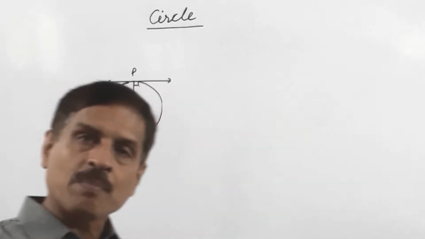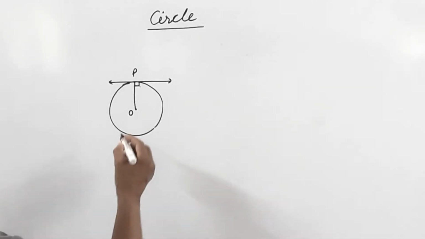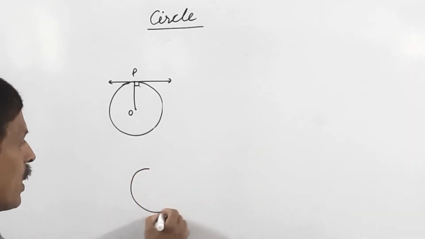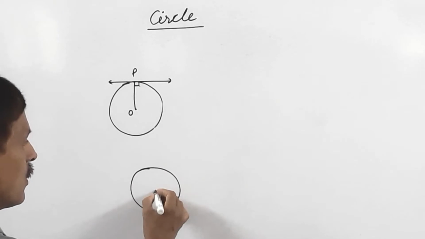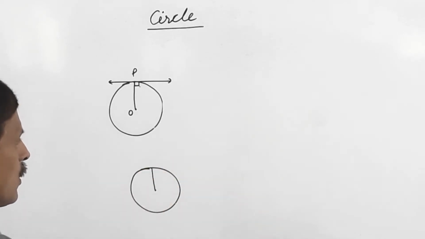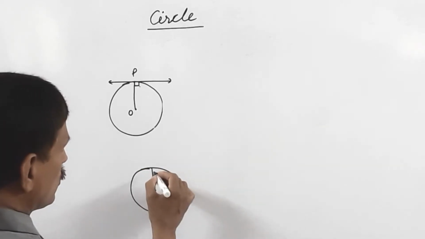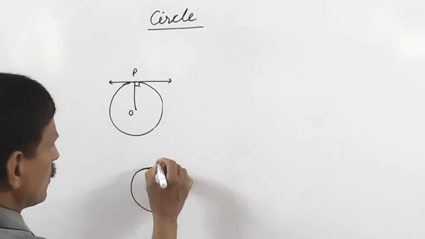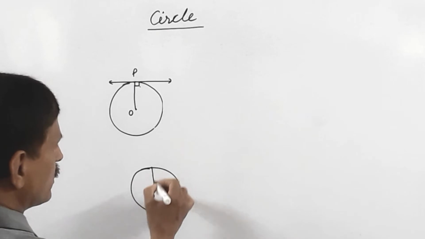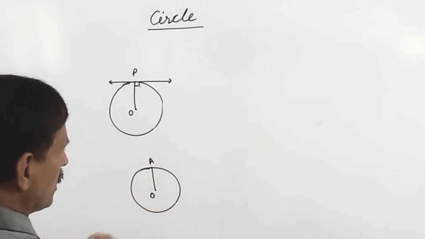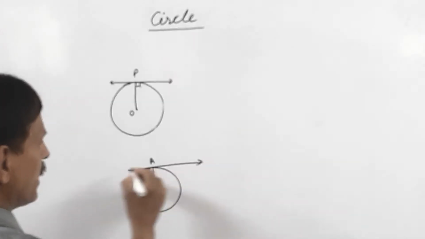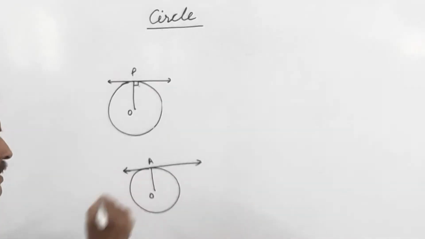Conversely, we can say if we draw a perpendicular to the radius from its end point on the circle, then this is a tangent to the circle.